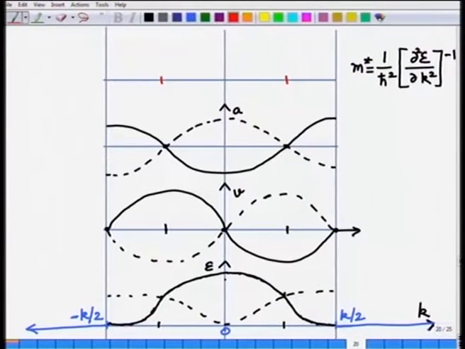This is the slope, the second derivative of E. Remember, this represents acceleration. So this acceleration is a quantity which is essentially the second derivative. Acceleration is the second derivative of energy. So this is the second derivative I have plotted.